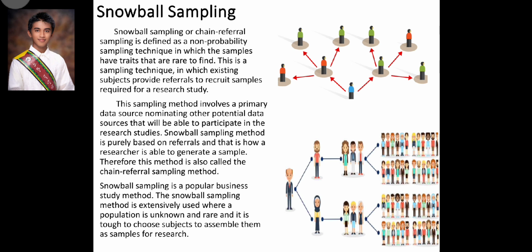So that is the referral: your previous sample tells you about other people who can also be part of the sample. That is how the snowball method works. It is popular in businesses because your business partners can refer you to others related to your studies.